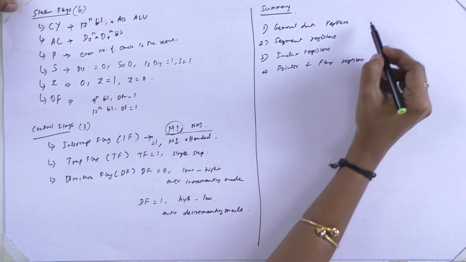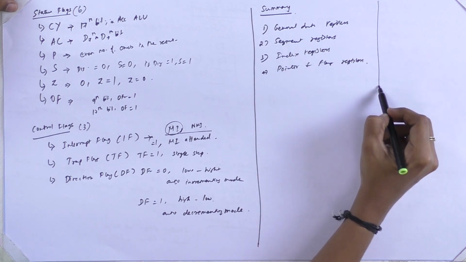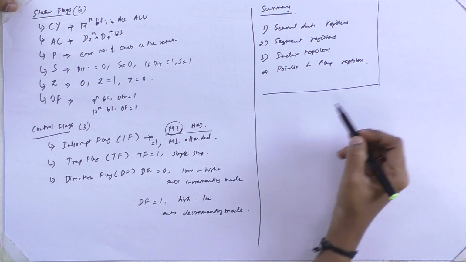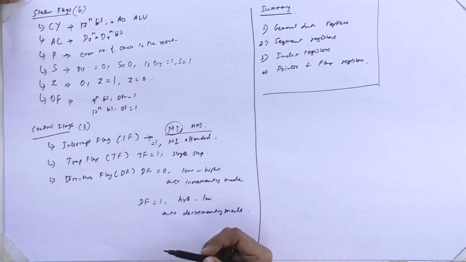So these are all the four types of registers available in the 8086 microprocessor.